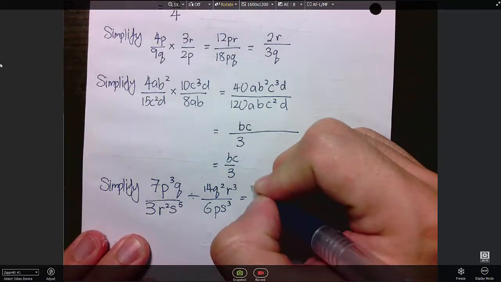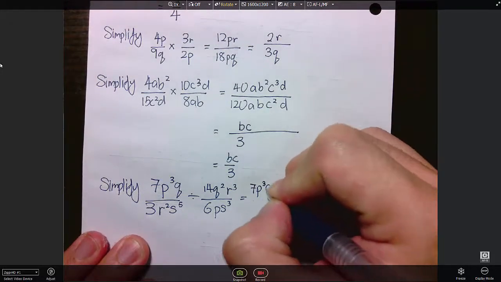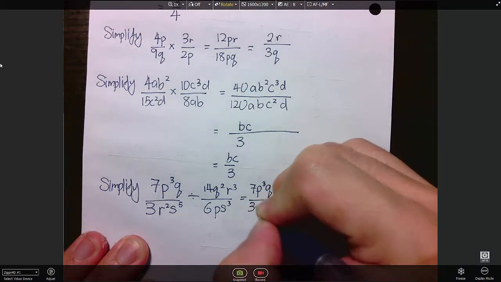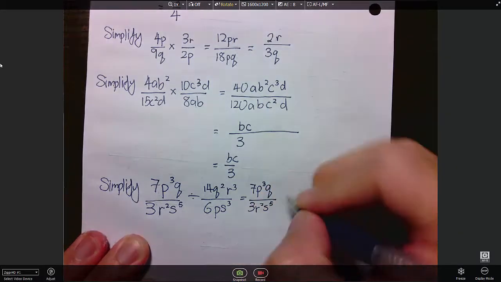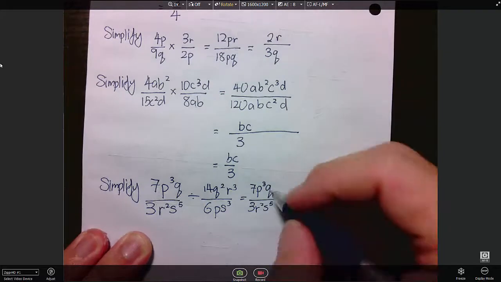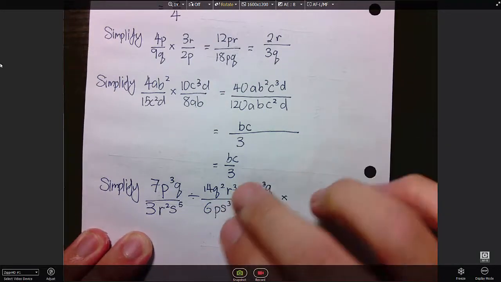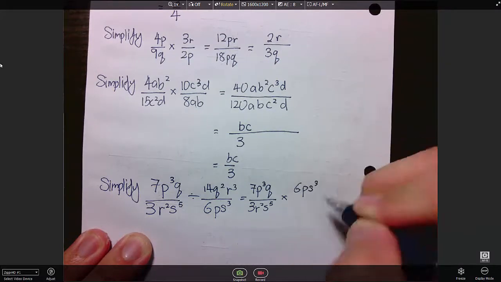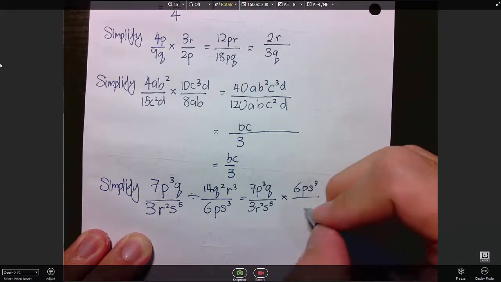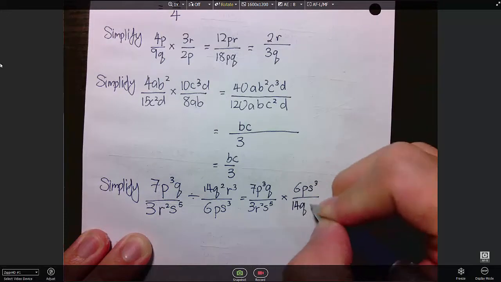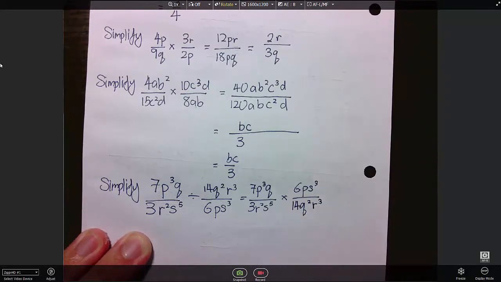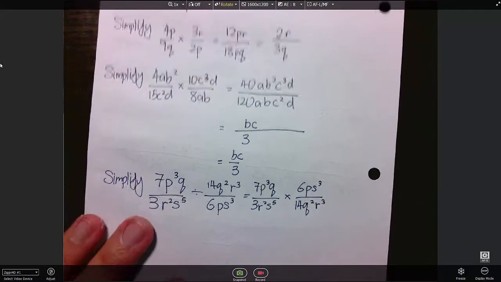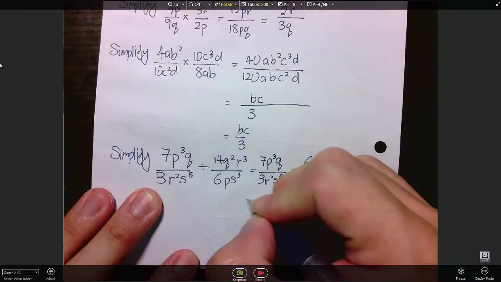Similarly, down here, what I do first is copy down my first fraction. The divide, I change to a multiply, so I just take the reciprocal. It gives me 6ps cubed over 14q square r cubed. Now, a lot of algebraic terms, but do not worry, just do it step by step.